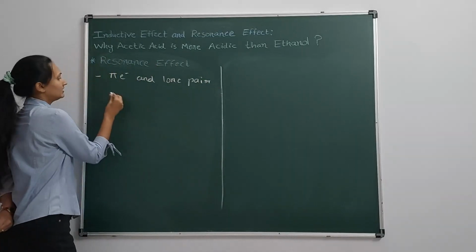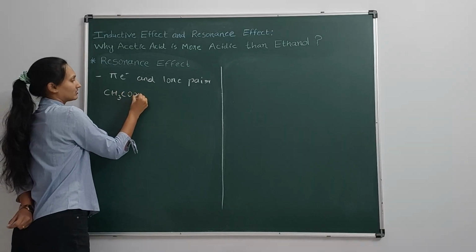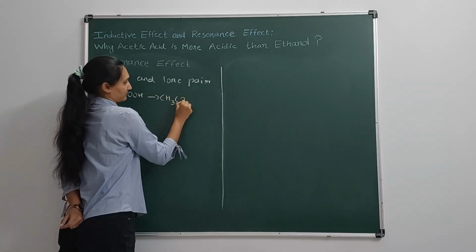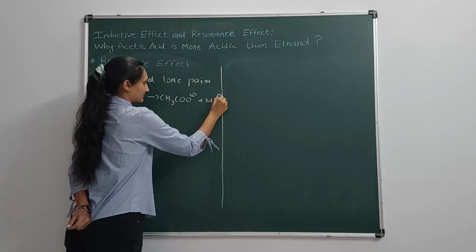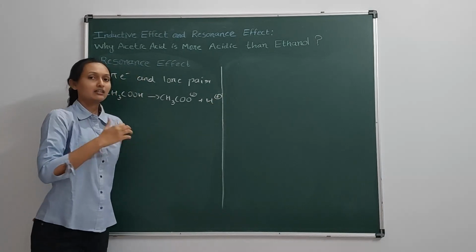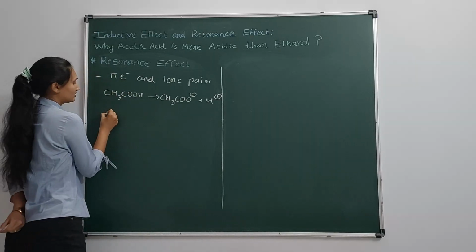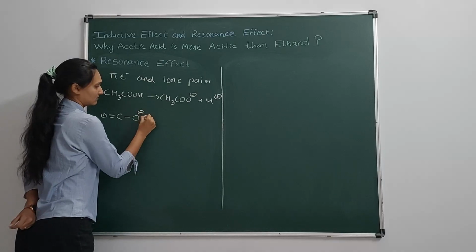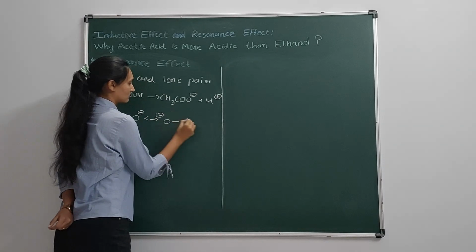In acetic acid, when it releases H+, acetate ion is formed. This acetate ion can be represented by two resonance structures, COO- and C=O.